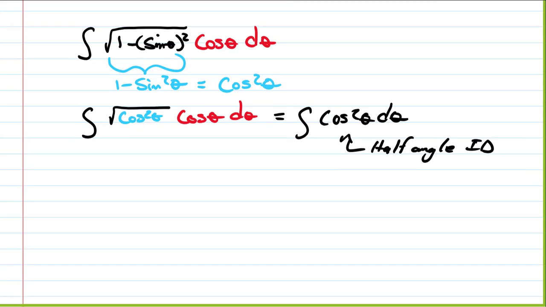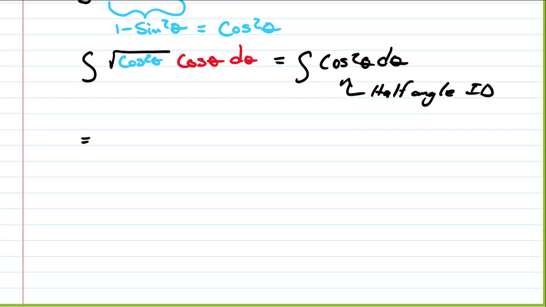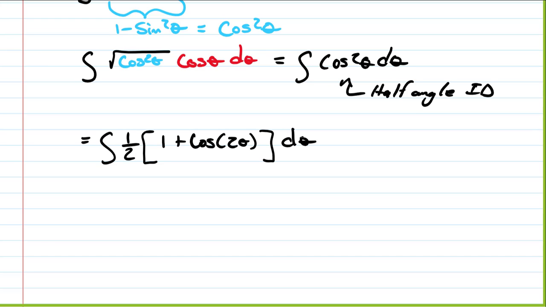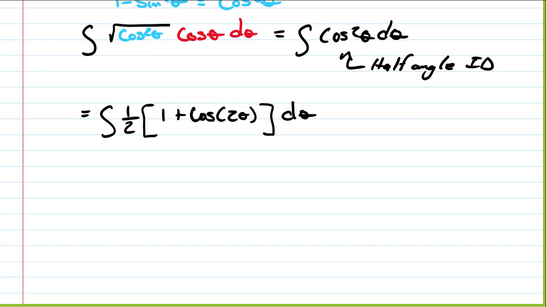So that integral becomes the integral of 1/2 times 1 plus the cosine of 2 theta d theta. And we can now go ahead and integrate that.